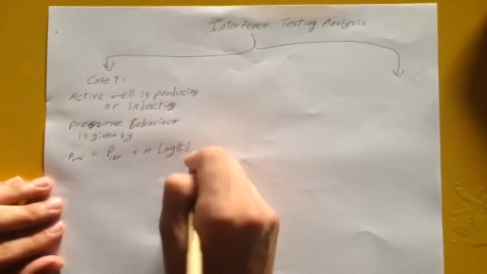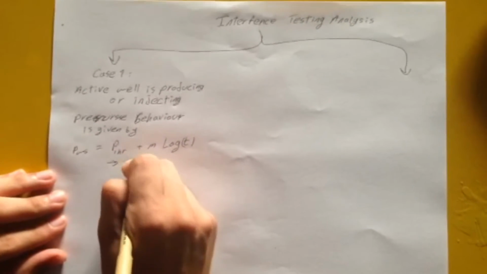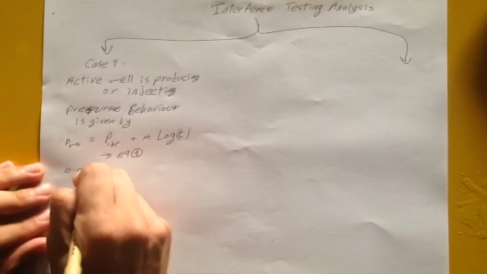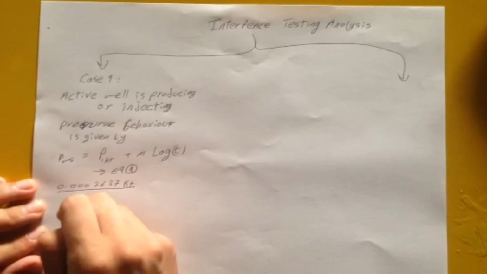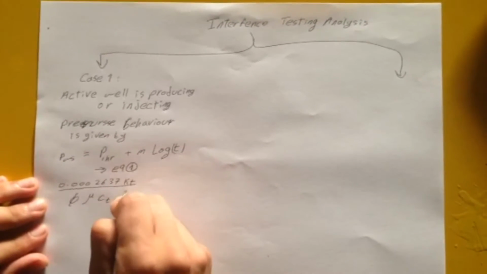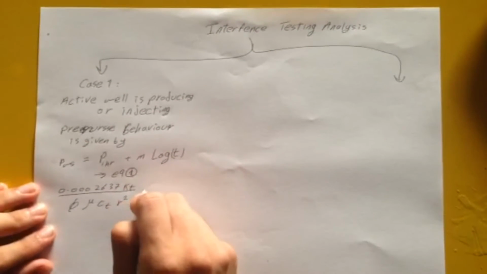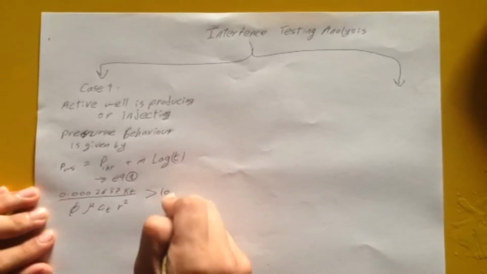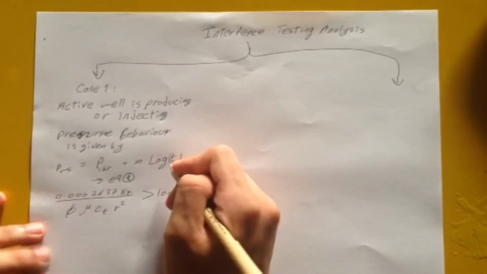We will call it equation 1, and it is valid only when 0.000267 k t over phi mu ct r squared is more than 100. So at that time we can use this equation.